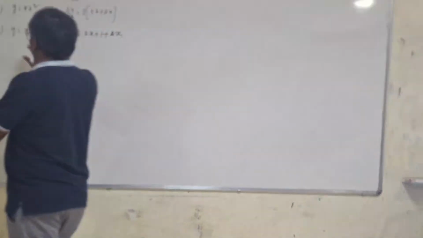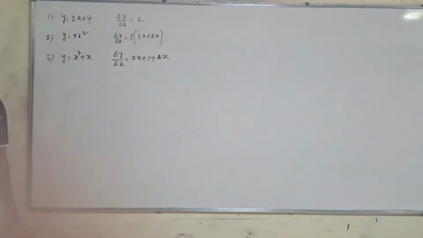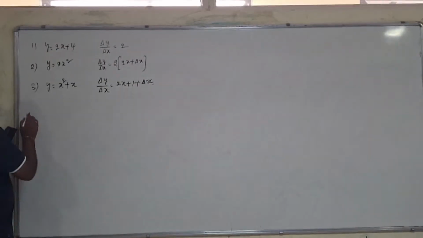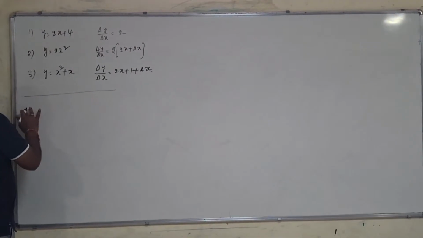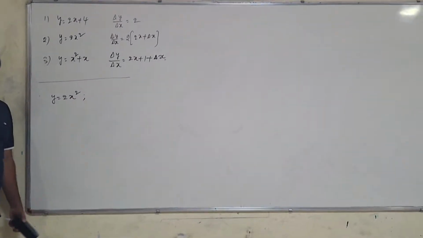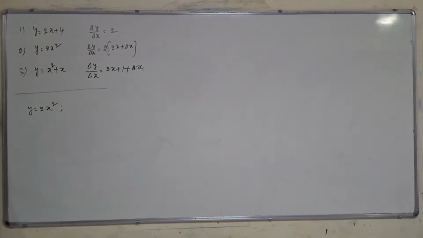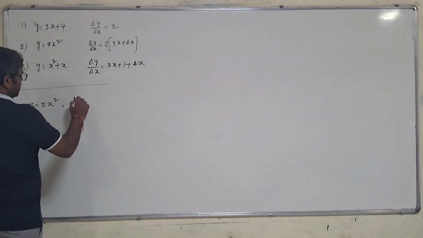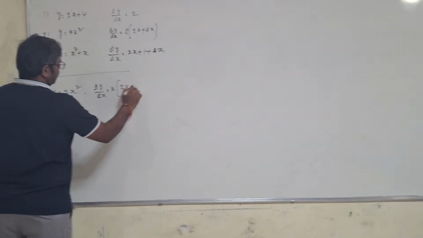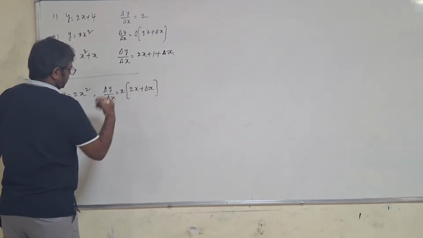Let's take the second one. Y is equal to 2x square. In the second one, delta y by delta x is equal to 2 times 2x plus delta x.